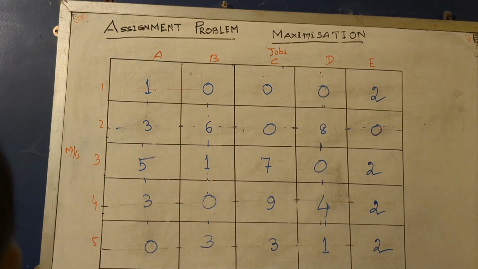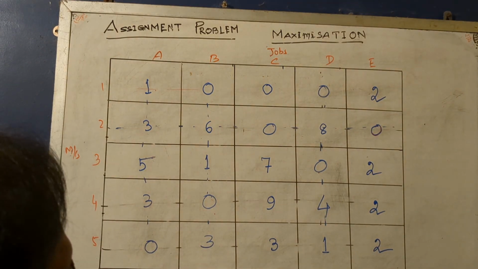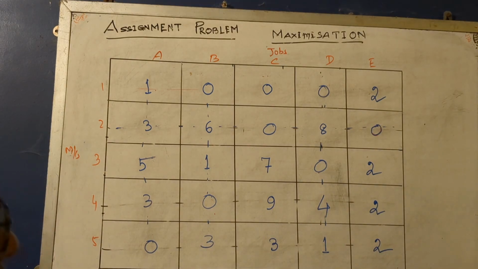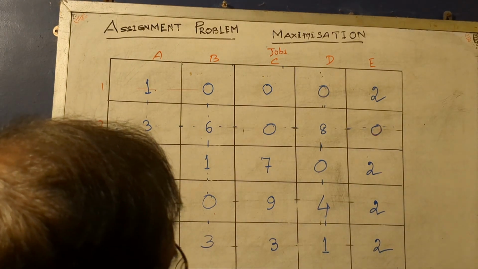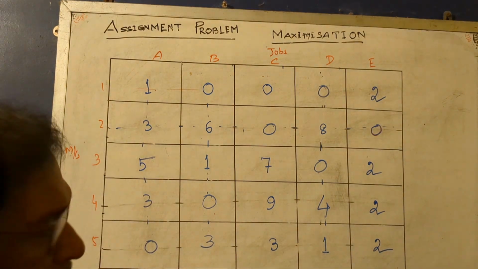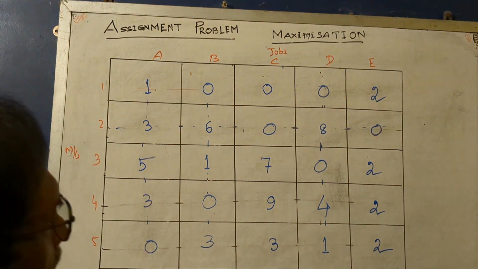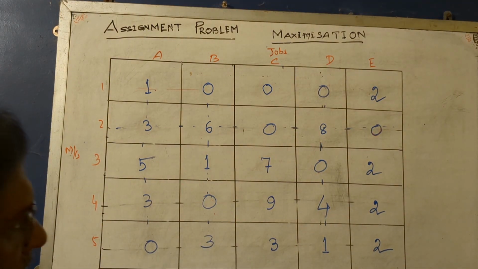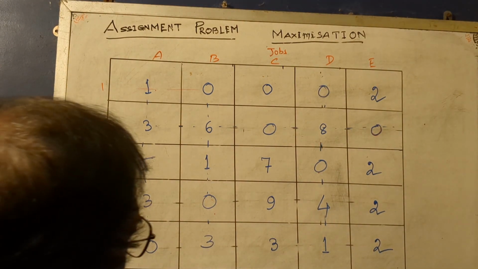It is not possible to cover all the zeros with fewer than 5 lines. You can try it. As the order of the matrix and the minimum number of lines are the same, that means we have reached the optimum, and this is the optimum table. From here you have to start allocation.